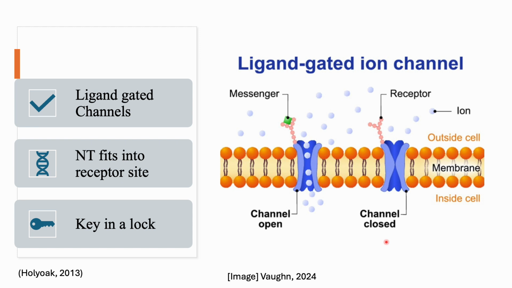Neurotransmitters such as serotonin or dopamine will bind to this specific receptor site on the ligand-gated ion channel. This triggers a modification in the structure, and this activation allows the inward or outward movement of certain ions. This leads to changes in membrane potential and cellular responses.